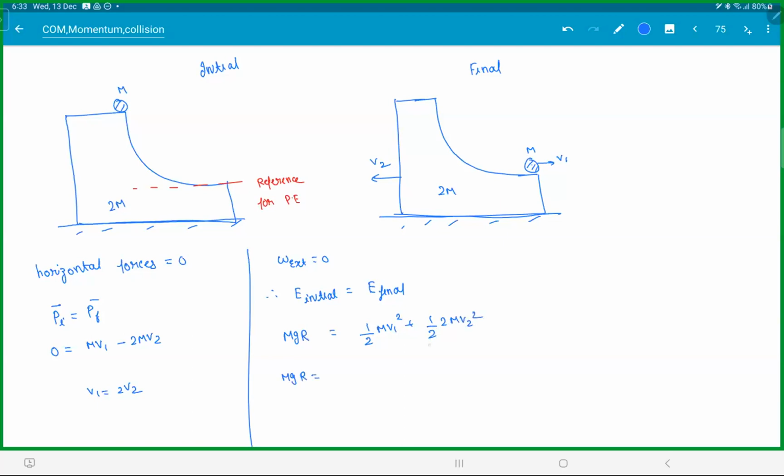So mgr, substitute the velocity v2 there, and this would be 3mv2 squared. So we get v2 is equal to root gr by 3. And once you have that, v1 will be 2 times root gr by 3. Okay, that's how you get the velocities.